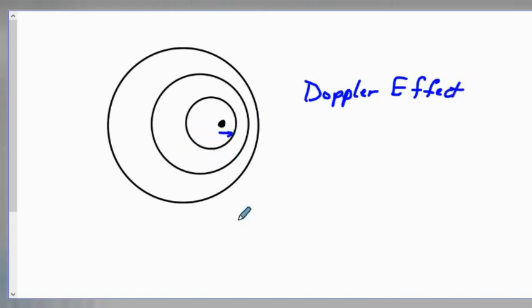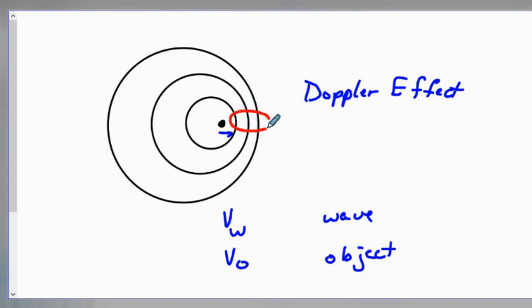So we've got some kind of velocity of the wave, and we also have the velocity of the object. And we need to take both of those into account. Where the waves are close together, we know that has a certain meaning.